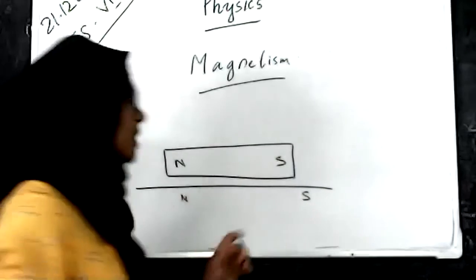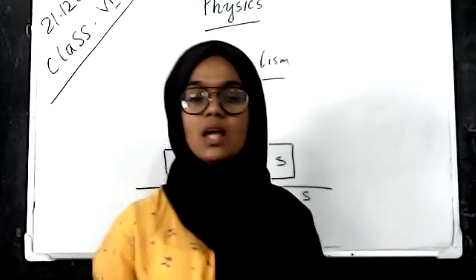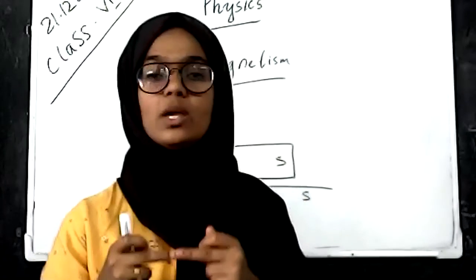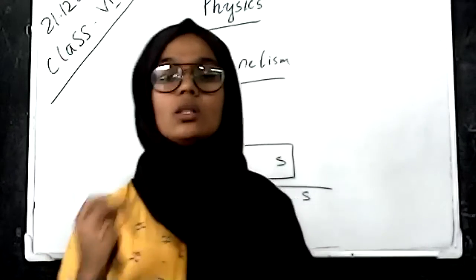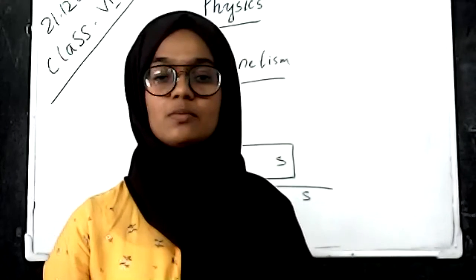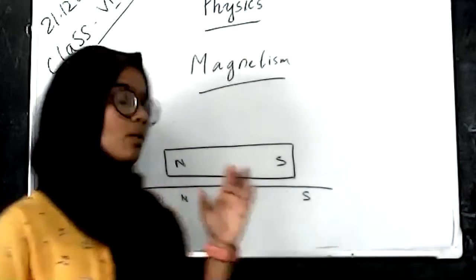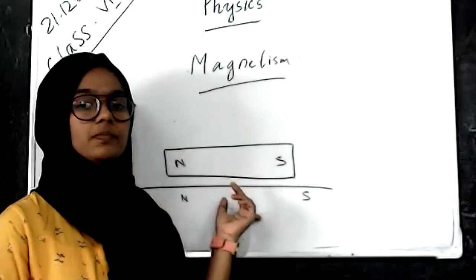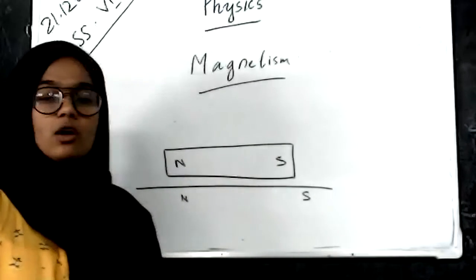Next we put the hacksaw blade and the magnet in two hands, and when the south poles of these two come closer, there is a repulsion, and when the north and south poles of these two come closer, there is an attraction. So the hacksaw blade becomes a temporary magnet when a magnet is rubbed on it.